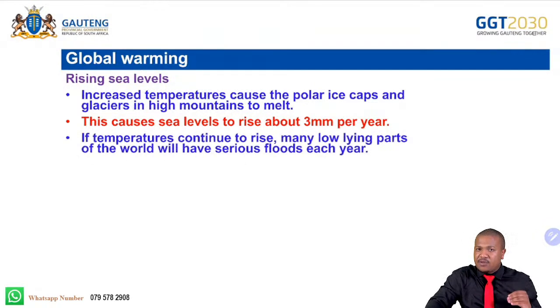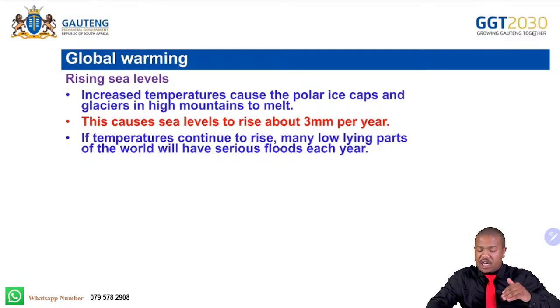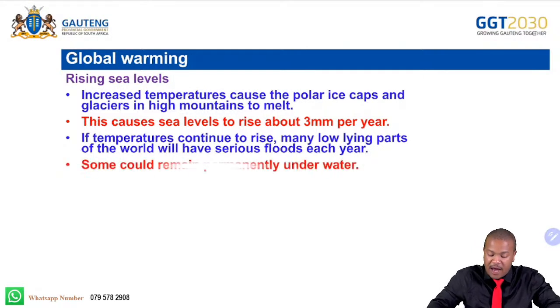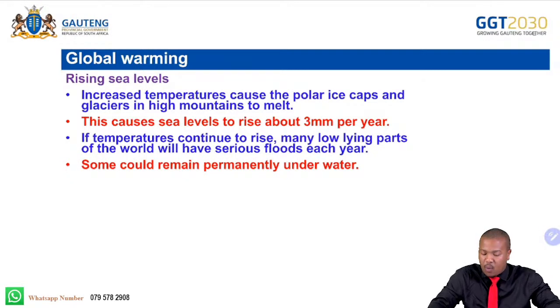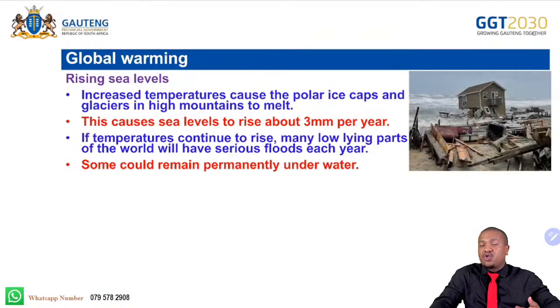It is such a small drop, but also it is going to increase year to year to a point where we start experiencing floods as well, right? So if temperatures continue to rise, many low-lying parts of the world will have serious floods each year, and some could remain permanently underwater, right? This is all over a long period of time, but eventually, slowly but surely, it is going there, right?